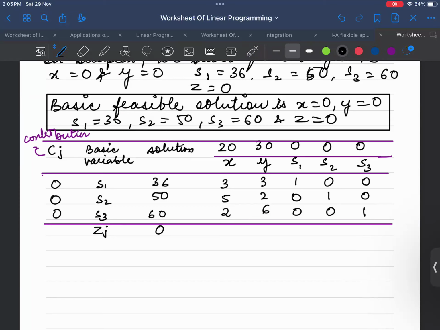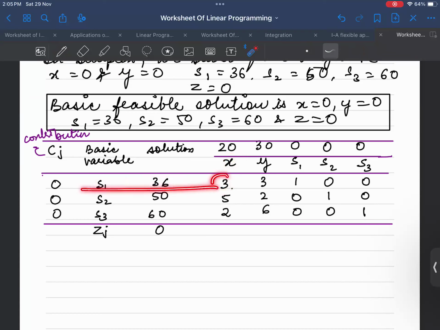So now in the same way, we will check for X, Y, S1, S2, S3. If 1 unit of X is introduced in the solution, where X is 0 right now, if in place of S1 we introduce this X, we need to sacrifice 3 units of S1.